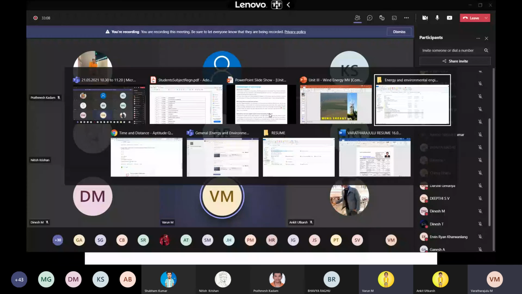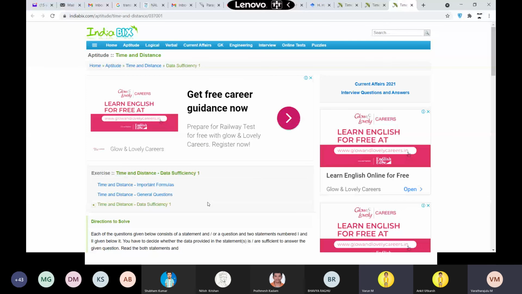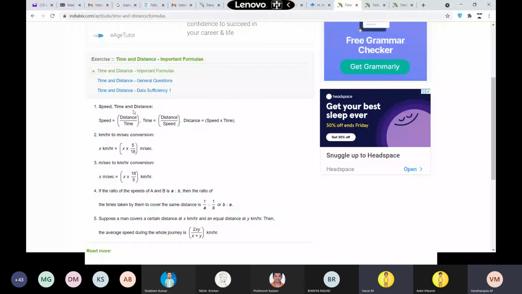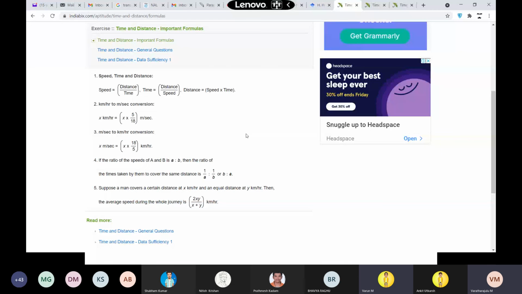It is very minimal, only 5 formulas are needed to solve these types of puzzles. Suppose a man covers a certain distance at x kilometers per hour and an equal distance at y kilometers per hour, then the average speed during the whole journey is computed.